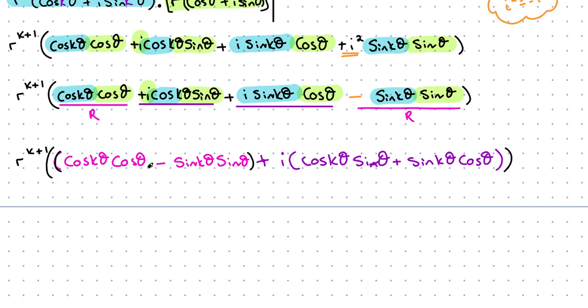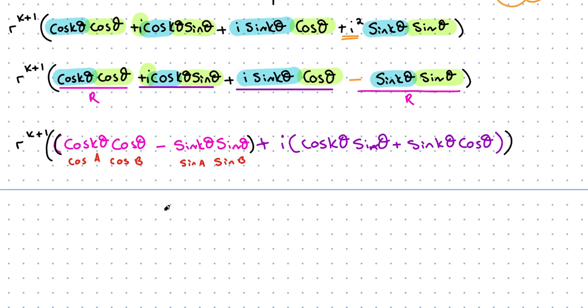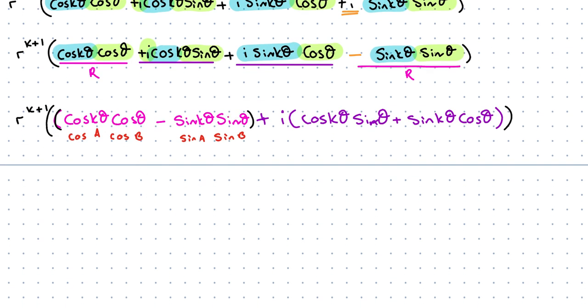Now, if you go to your log tables and look up page 14, what I'm actually looking at here is cos of some angle times cos of a different angle. Let's call it B. So cos of A, cos of B, take away sine of that same angle A, times sine of another angle, sine of B. And on page 14, they're telling me that that's equivalent to cos of A plus B. So I can replace that pink part.